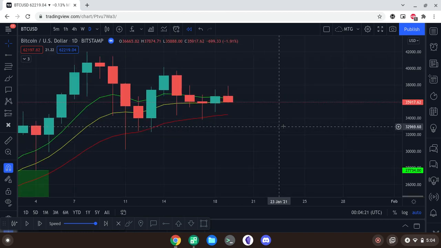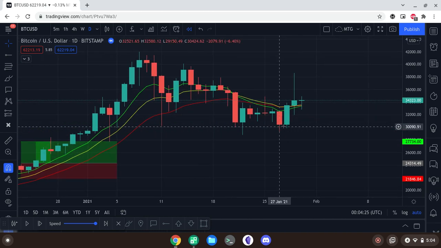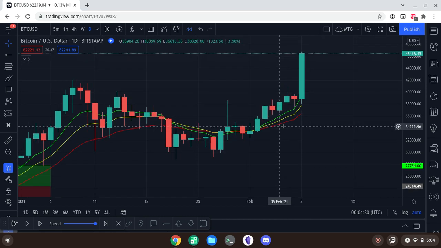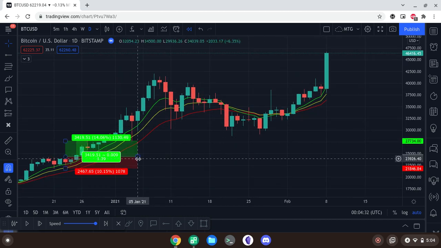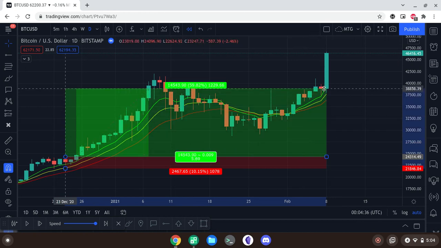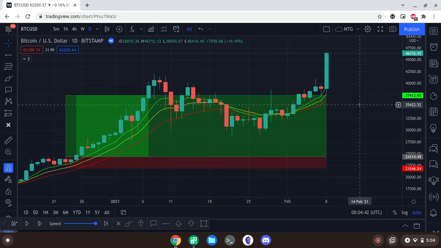We're going to wait for price to make a new high again before we move our stop loss up. Okay, price has broken the previous most recent high. So we're going to move our stop loss up to the new most recent low underneath this red candle here. And now you can see we've locked in 5.31% profit.